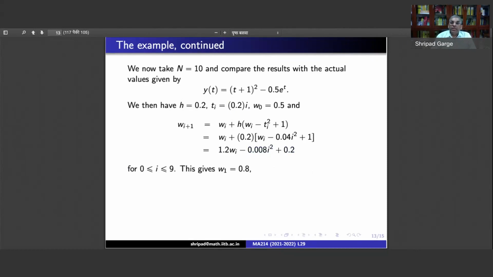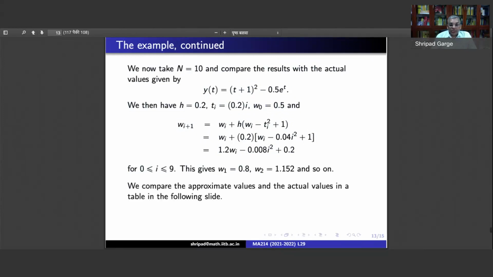So we will get W1. We started with W naught equal to 0.5. If you put the W naught value here, you can compute W1 from this equation, which will be 0.8. W2 is 1.152 and so on. The approximate values and the actual values can be compared using this table.